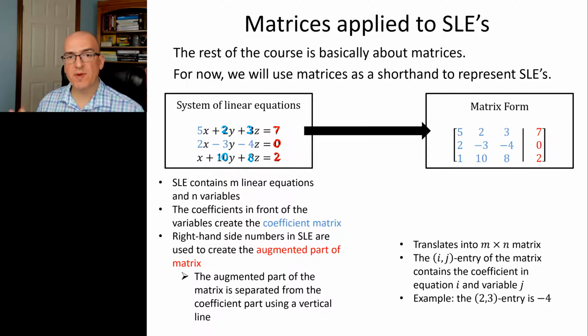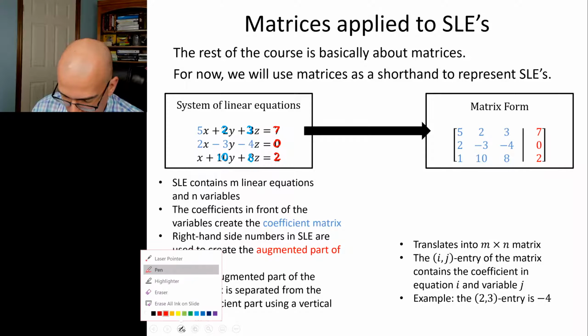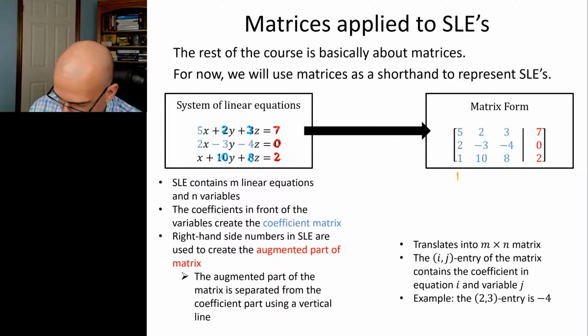What we'll do is we'll strip out the x, the y, and the z and rewrite that system of equations in matrix form, where it is implied by the order in which the numbers appear that everything in the first column corresponds to the coefficient in front of x. First column is x. Second column is y.